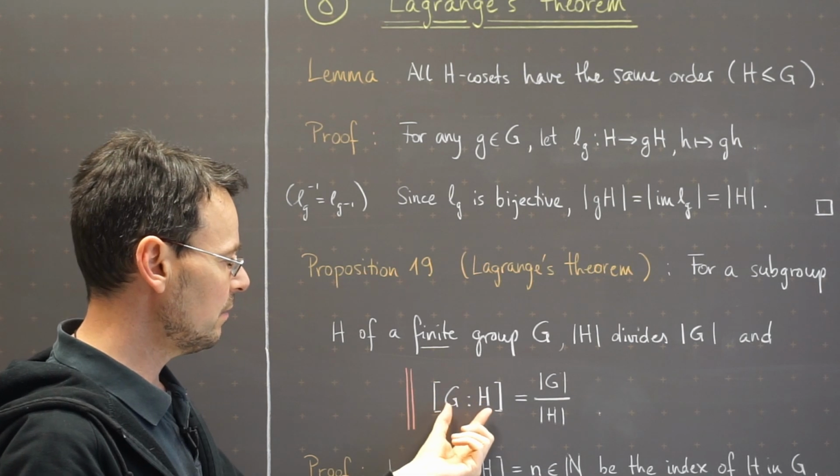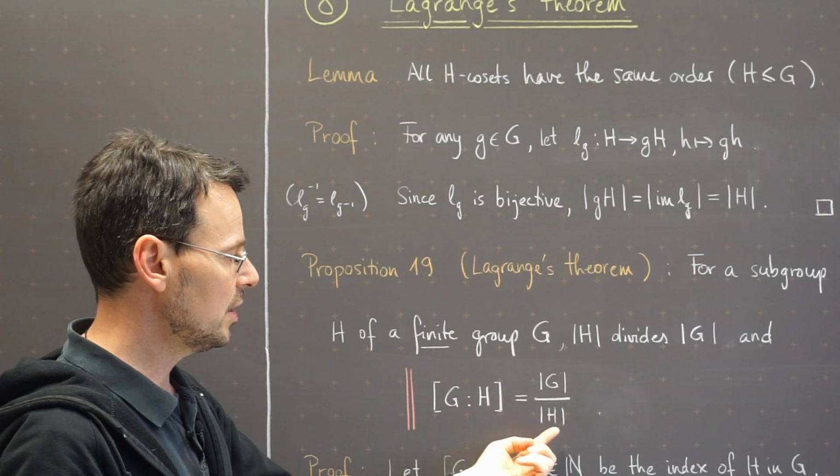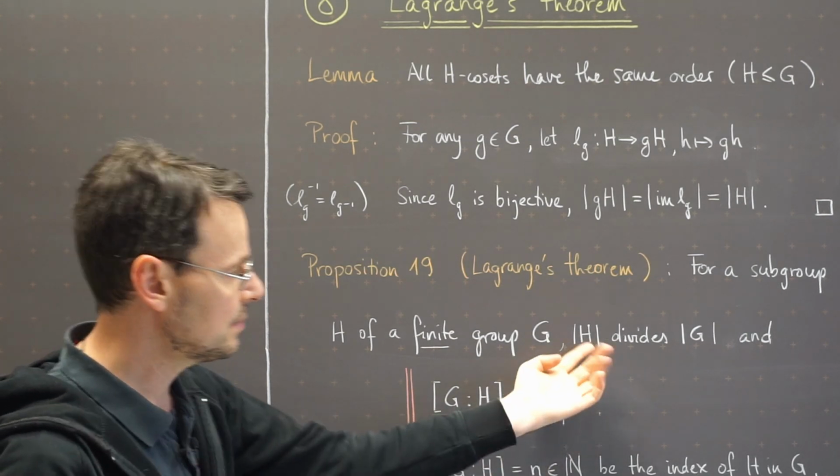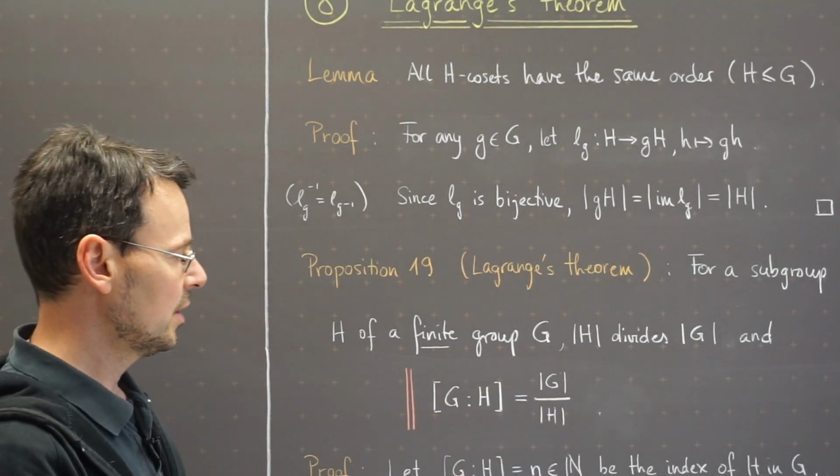The index of H in G is nothing but this quotient here, the order of G divided by the order of H. And as we just stated here, this is a natural number because the order of H divides the order of G.